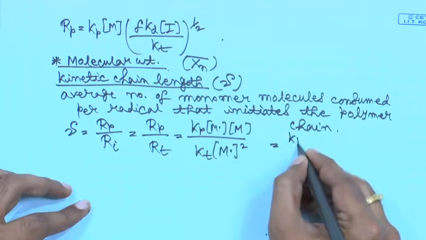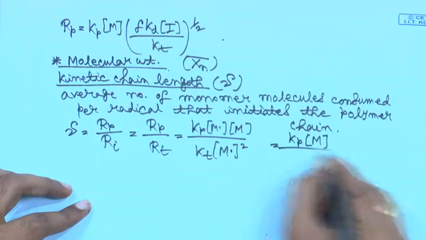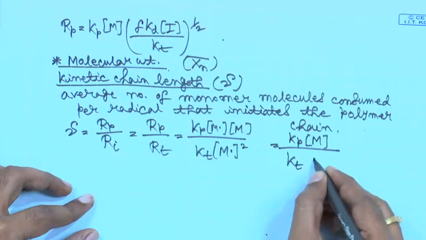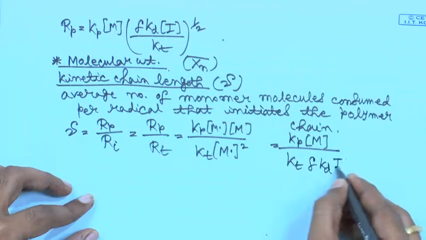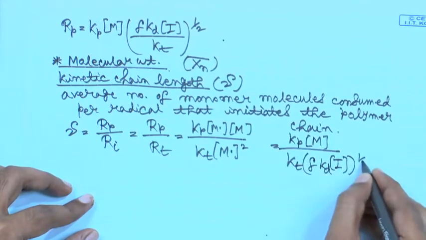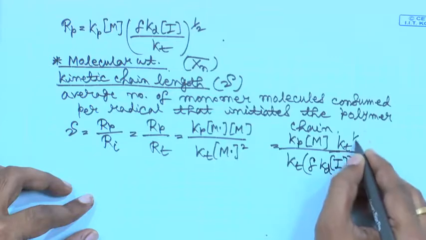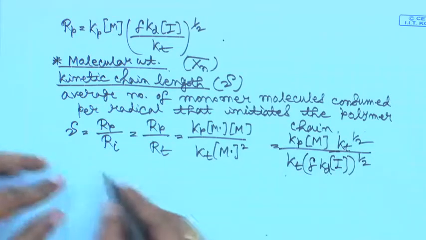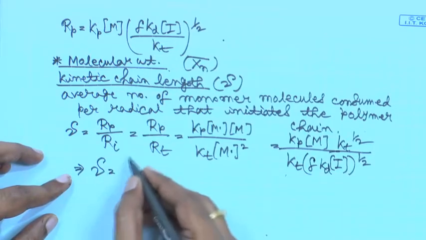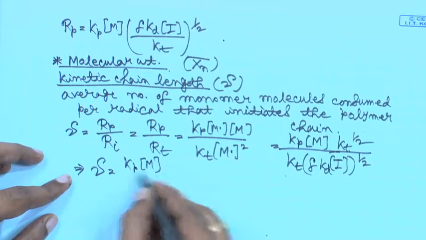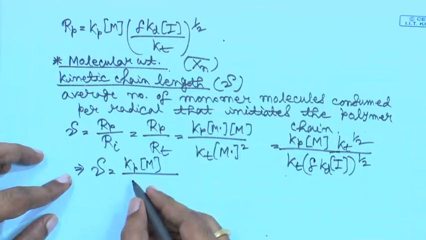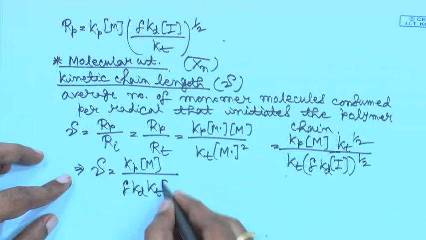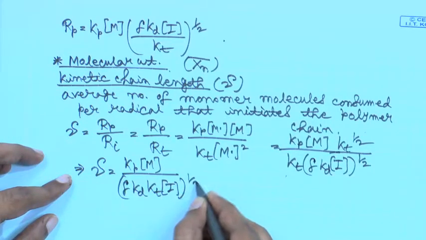So, you have Kp into M divided by Kt into M dot, and that M dot is nothing but f Kd I to the power half divided by Kt to the power half. So, if you compare these two, then the Kt to the power half comes down. So, your nu is equal to Kp into M divided by f Kd Kt I to the power half.